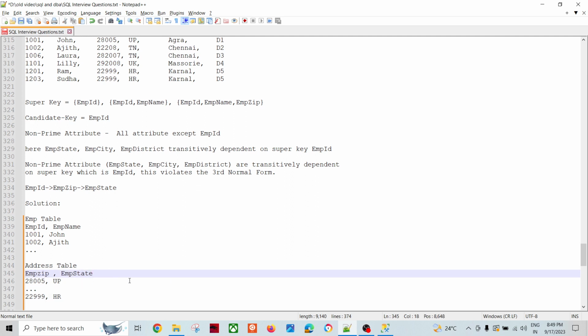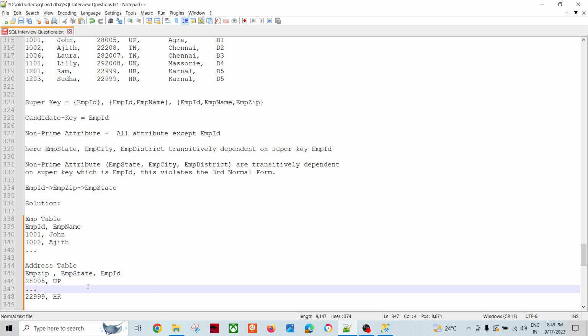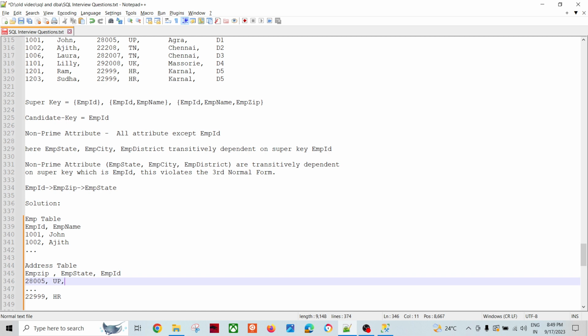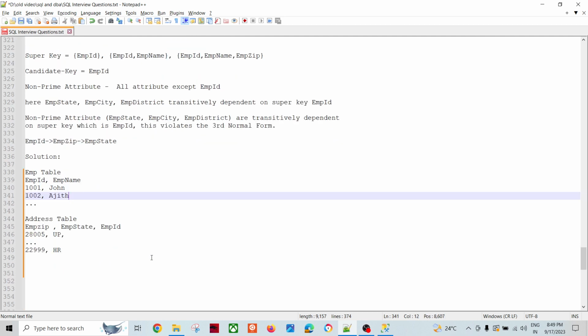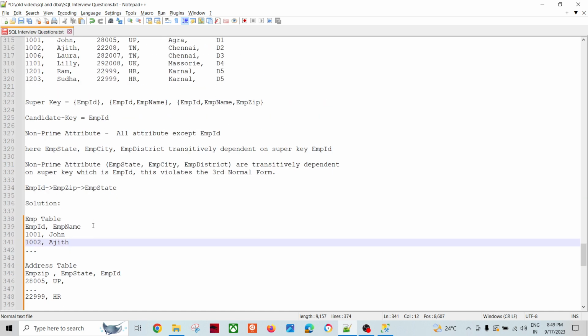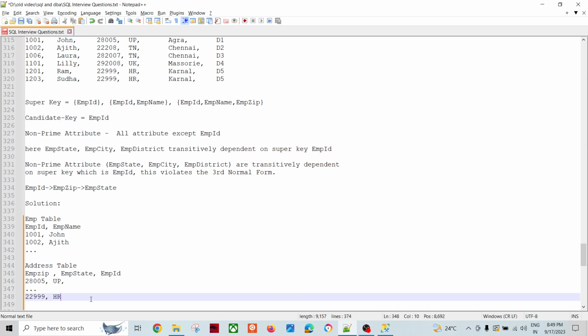And from here I can refer to this employee ID, whichever one. But you need to repeat it over here as well because you need to refer to the employee ID.